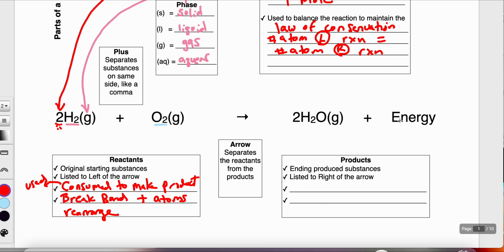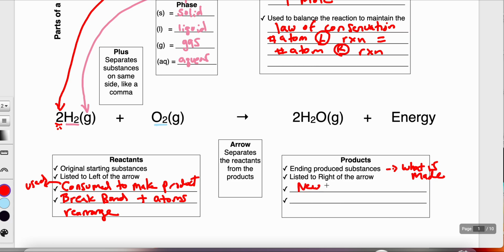And then when we go to the right-hand side of the arrow, the right-hand side of the arrow is the products. This is the ending produced substances. What is made in the reaction? Okay, so this is what is made. And these are always shown to the right of the arrow. In any of the chemical formulas that we see on the right-hand side, there are some new bonds that are formed.